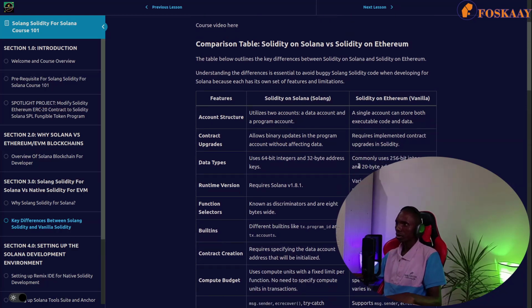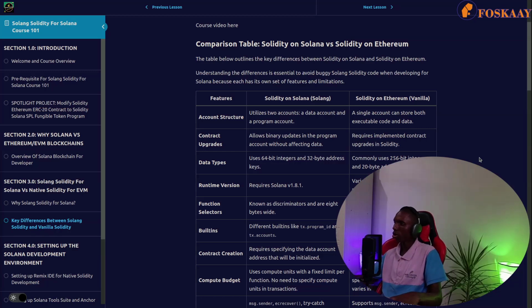Another thing that is different is the contract upgrade. Based on the account structure, like I've explained, one needs two accounts. One only holds the code, and the second one holds the data. You understand? When you want to upgrade, Solana makes it much easier, because since the code is separate from the data you stored with the smart contract, you can easily upgrade the code as long as it adheres to the data.